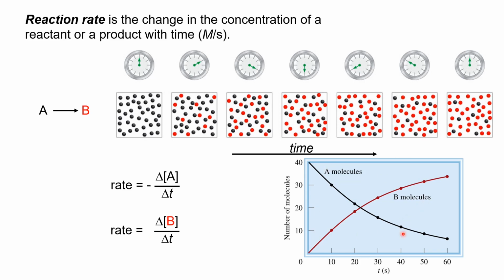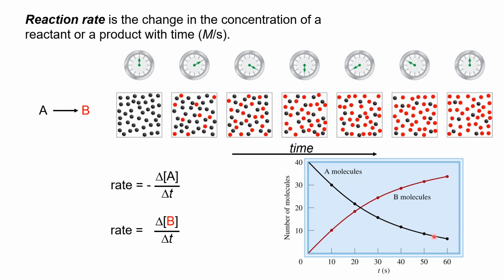Now when we see this graph, you can see that it's number of molecules with respect to time. You can also write it as concentration of A or B with respect to time. Now when we are talking about A, I told you that A is changing into B. It means the number of molecules of A is basically decreasing, and this is how the graph will look.